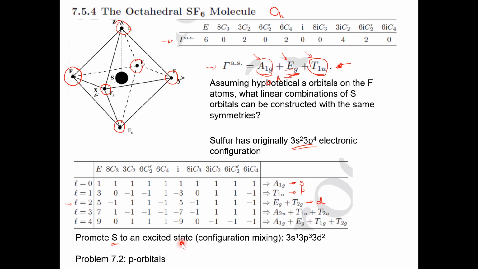It's going to get a little bit more complicated, but when you have p orbitals, as we discussed last time, instead of starting from the equivalence atom site characters, you initially make the direct product of that with the vector representation, in this case the T1U representation.